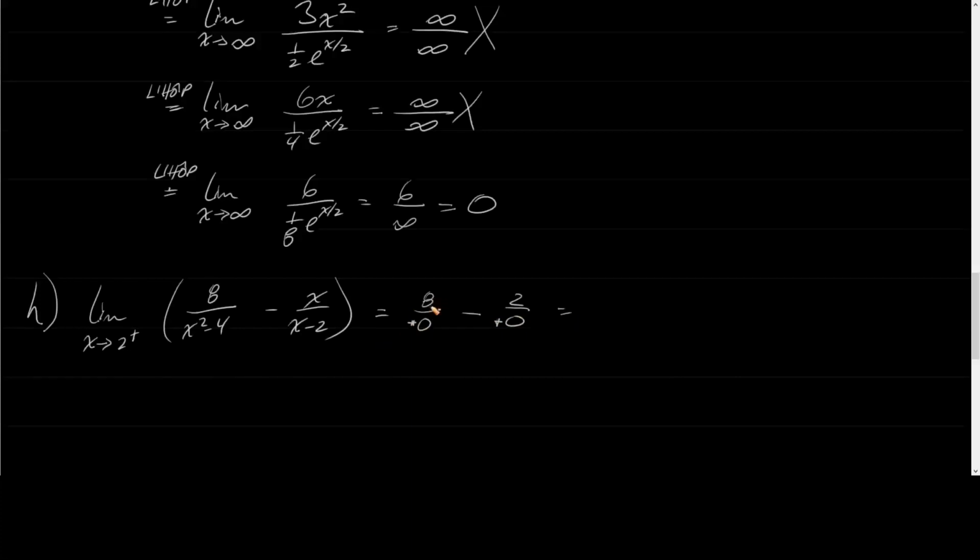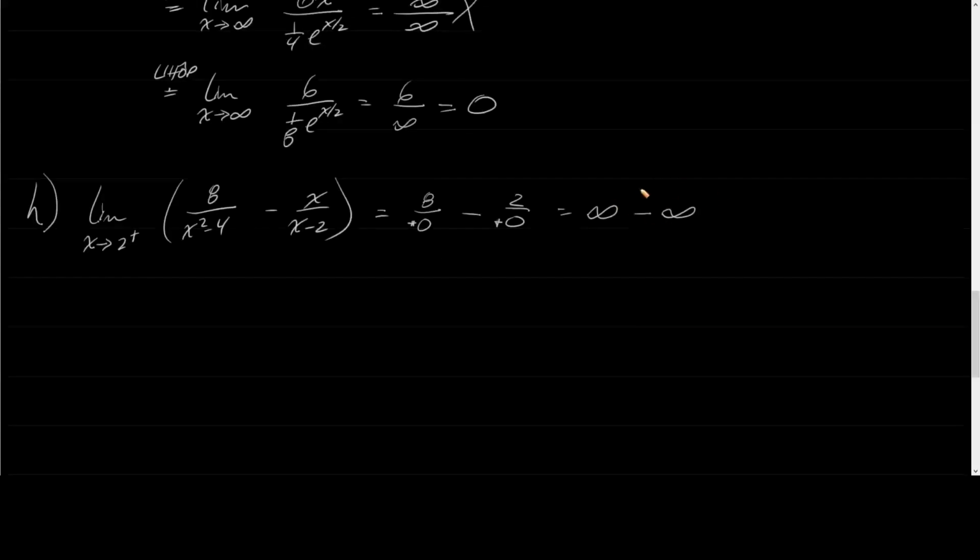So when we have something like that, it goes to infinity. So we have infinity minus infinity. But what is that? Well, let's figure it out. That's an indeterminate form. So we need to manipulate this somehow. I see that the denominator over here can be factored.